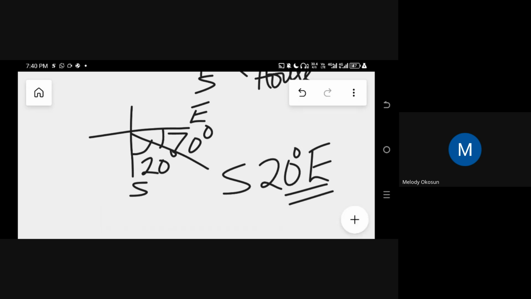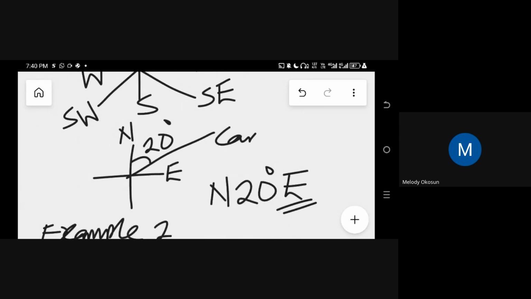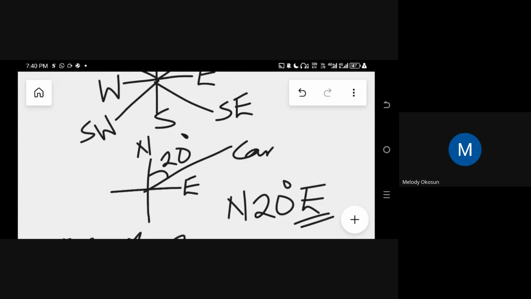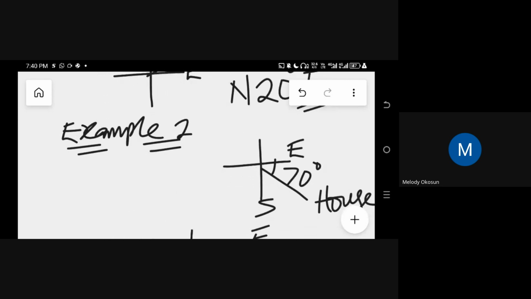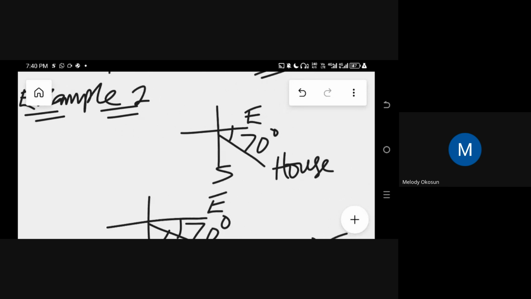But if you look at this first example, that 20 degrees is already touching the north. That's why we said north 20 degrees east. The 20 degrees is touching the north itself. But then coming forward to this, the 70 degrees is in the southeast, but it is not touching the south. And you know that we cannot say east 70 degrees south.